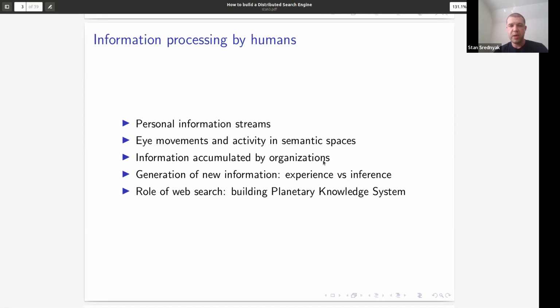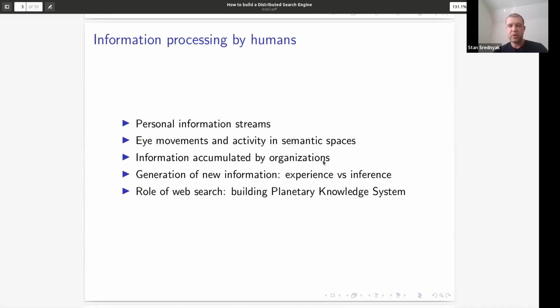Likewise, there are information streams associated with large organizations, in particular developer communities. In this case, individuals are interacting with code bases in a particular way, and there is a wealth of information in terms of attention patterns again.